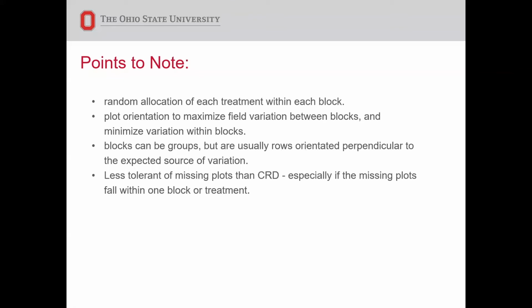But as you might see in one of the examples in the videos, where in a greenhouse there is variation in both directions, in that case the blocks might be groups. So often rows, but generally whatever is the best arrangement that minimizes the variation within those blocks.